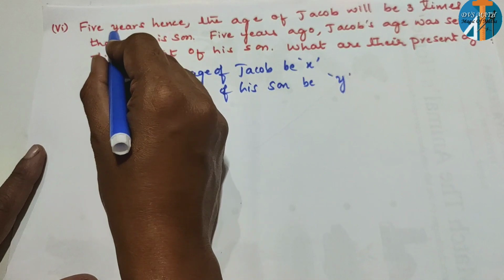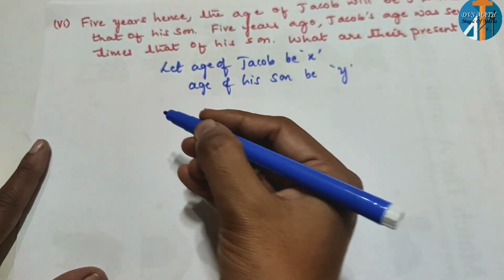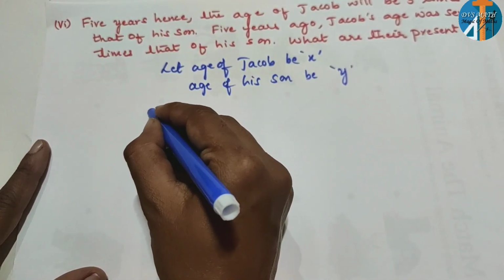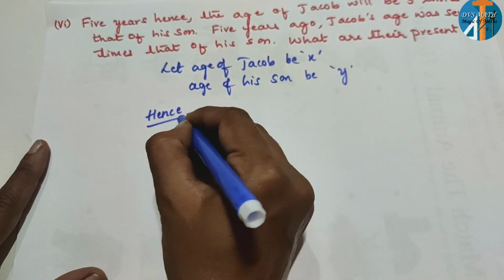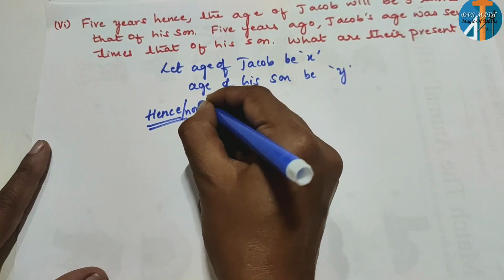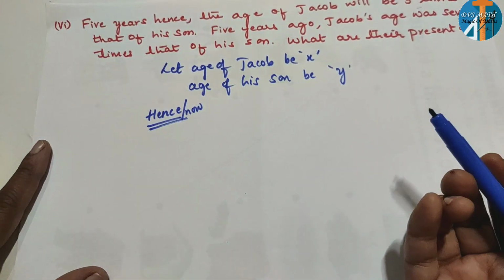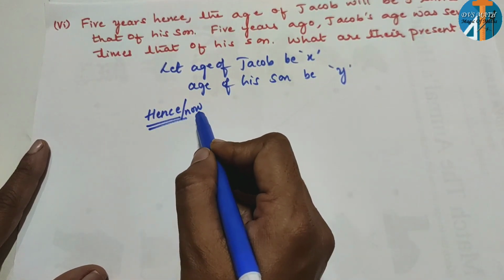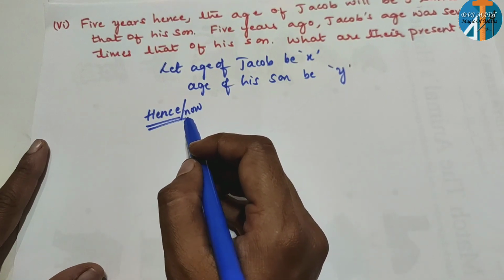Now, they're talking about 5 years hence, so the keyword here is hence. Hence means plus, or instead of hence there might be now also: 5 years from now or 5 years hence.